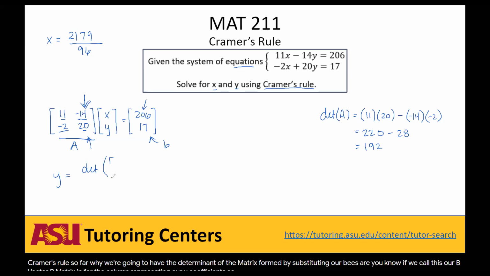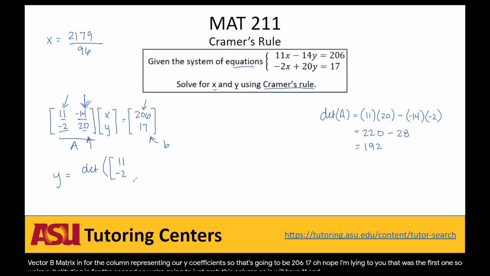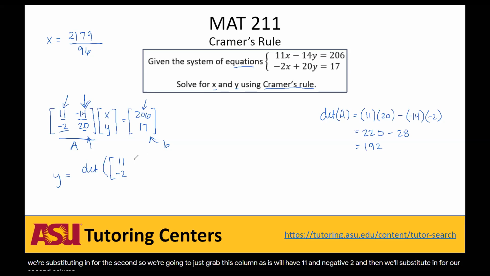So that's going to be 206, 17. Oh, nope, I'm lying to you. That was the first one, because we're substituting in for the second. So we're going to grab this column as is, so we'll have 11 and -2. And then we'll substitute in for our second column, our 206 and our 17.